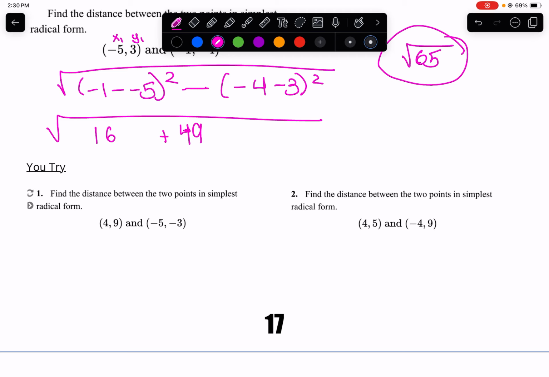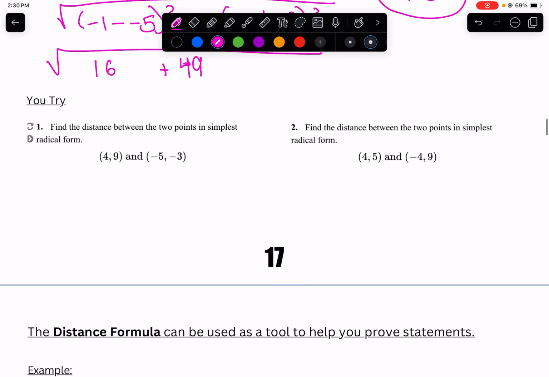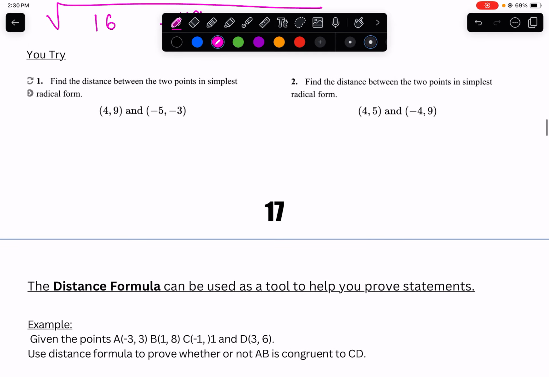Okay, so now that you have the right distance formula written down, we are now going to practice finding the distance between points using the formula. So we have x1, y1, x2, y2.